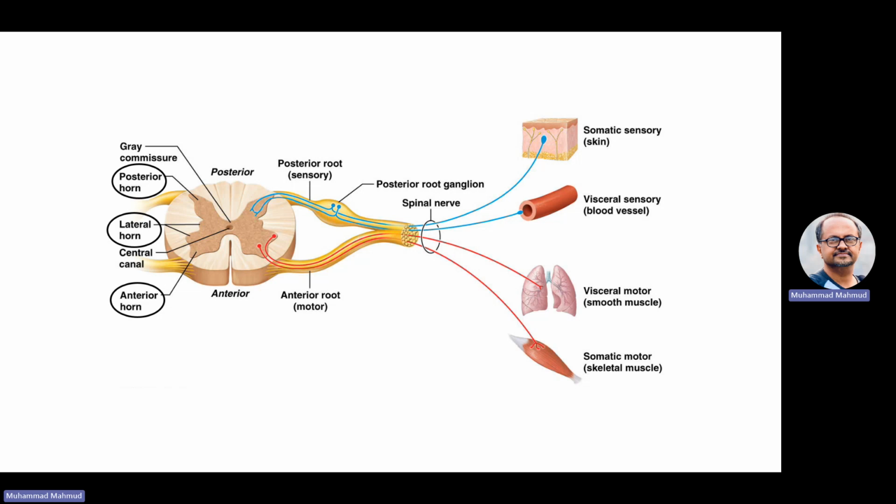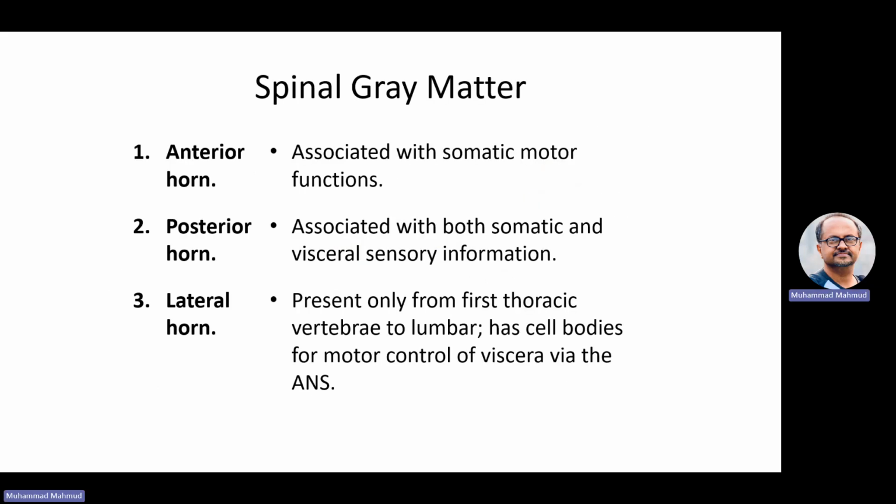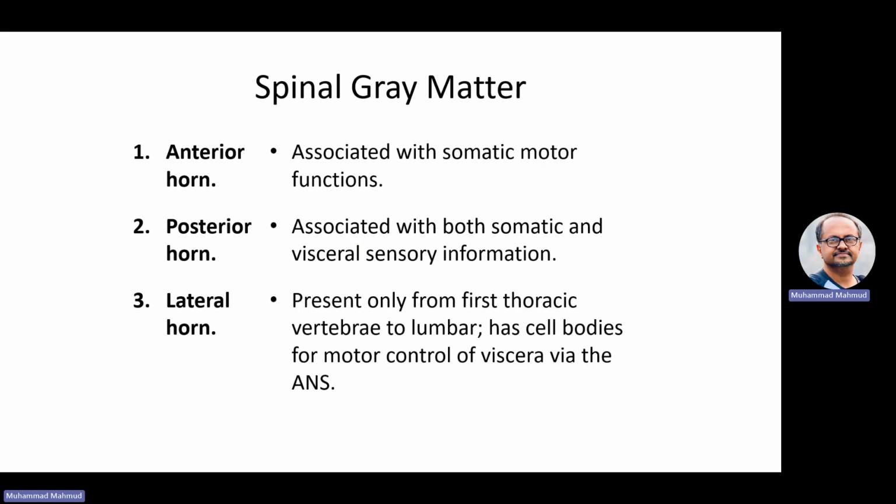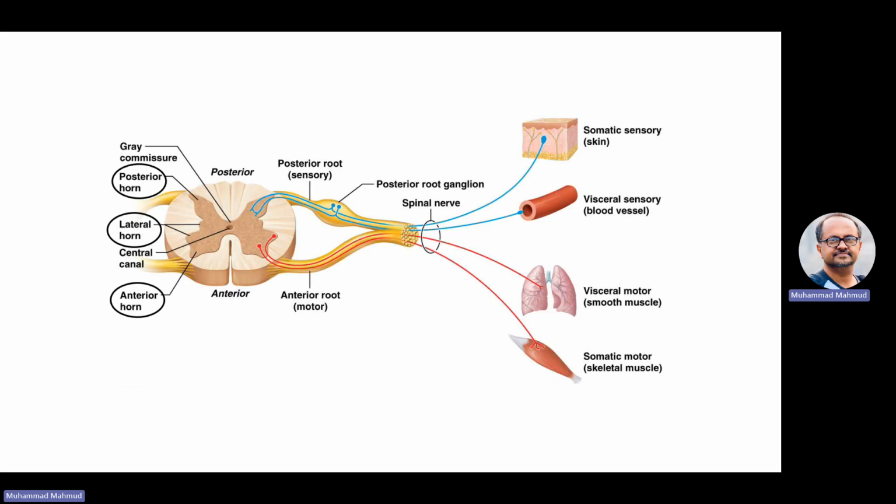So it is associated with the somatic motor function, controlling our muscles and organs. Whereas posterior one associated with both somatic and visceral sensory. This time the posterior one is sensory, right? You see blood vessels or visceral organs and skin.